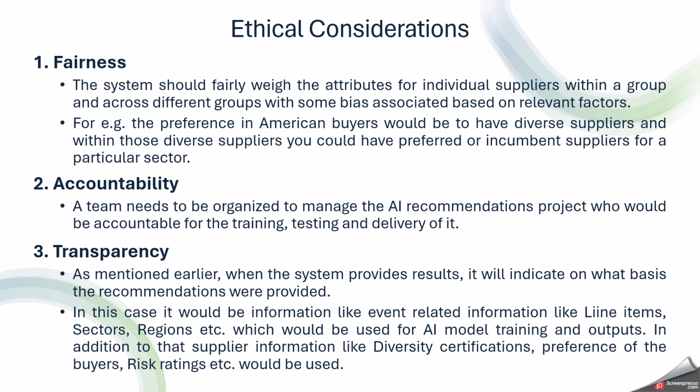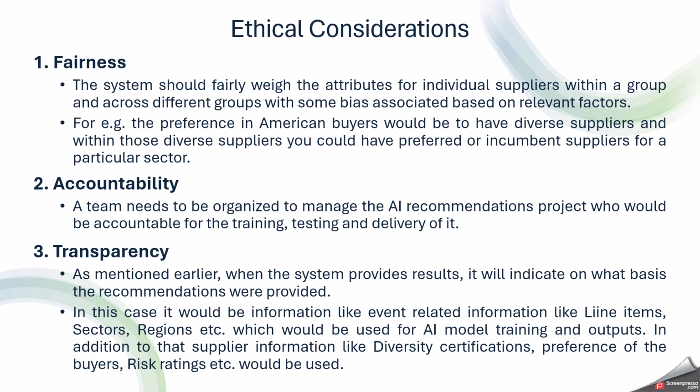Now, here we also need to highlight what information will be used and for what purpose. So, the event related information like line item, sectors, and regions would be useful for AI model training and providing the outputs.